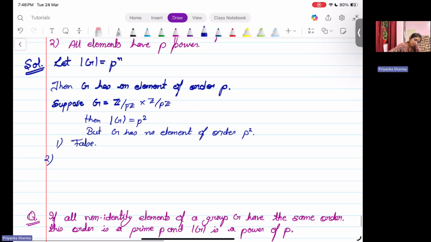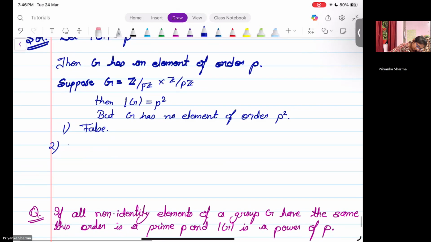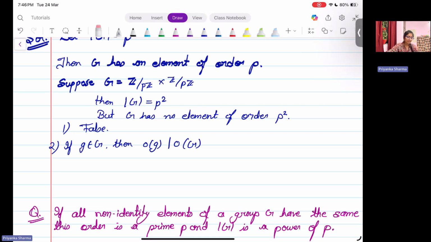Second one, all elements have P power. So we know that if g belongs to G, then order of g divides order of capital G. That is, the order of any element in a group divides the order of the group.